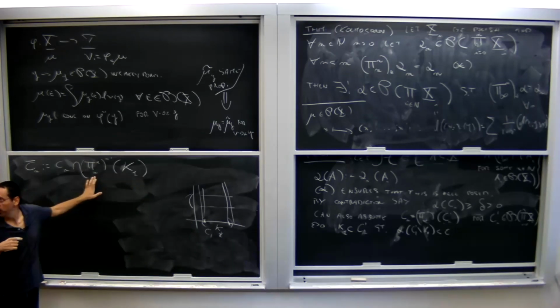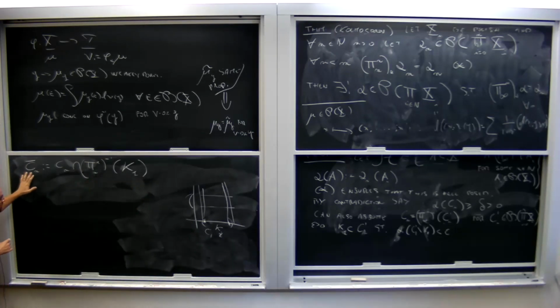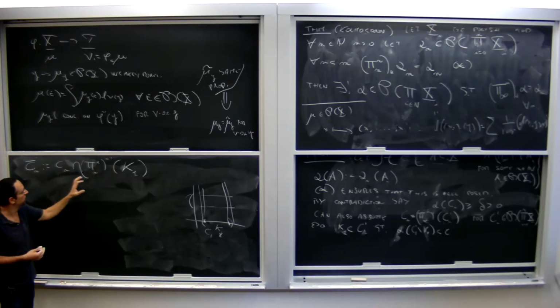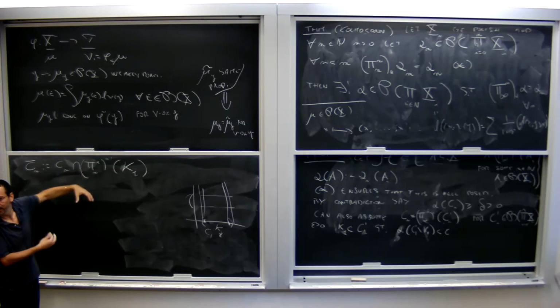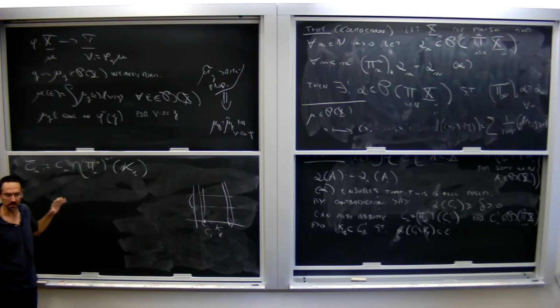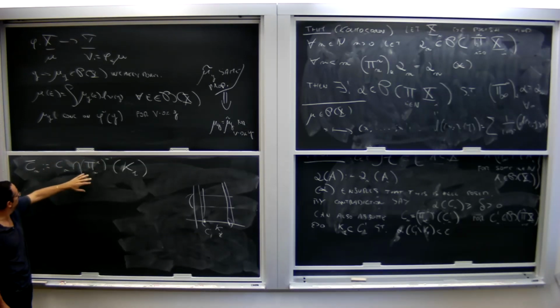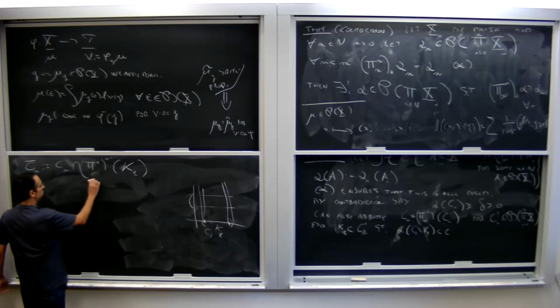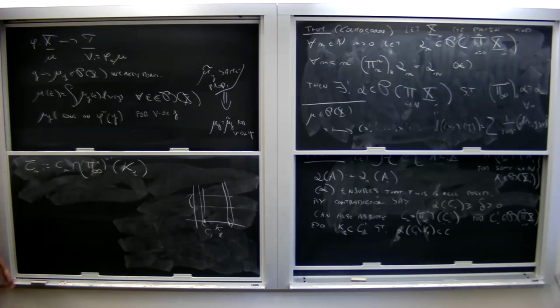What is clear is that these sets are still decreasing, and the intersection is still going to the empty set, because these are smaller than C_n. Maybe I'm being a bit confusing with the definition.